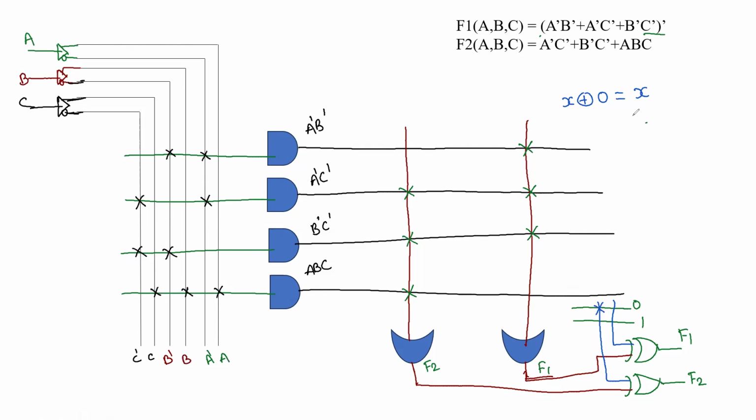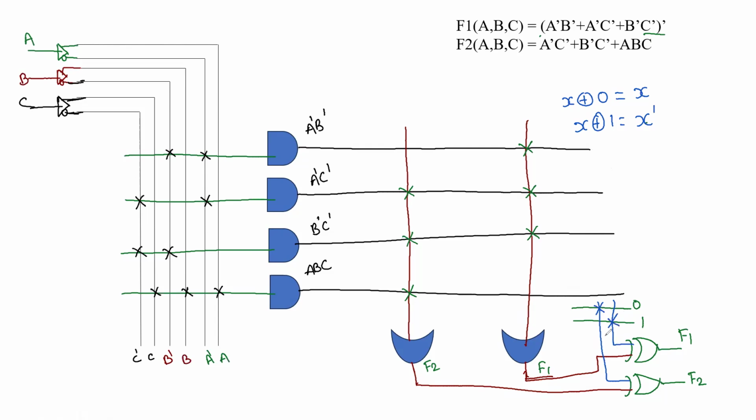So X XOR 0 is X. Next we have X XOR 1. This complement is going to give us X'. So this XOR gate which is going to give us output F1 will be connected to 1.